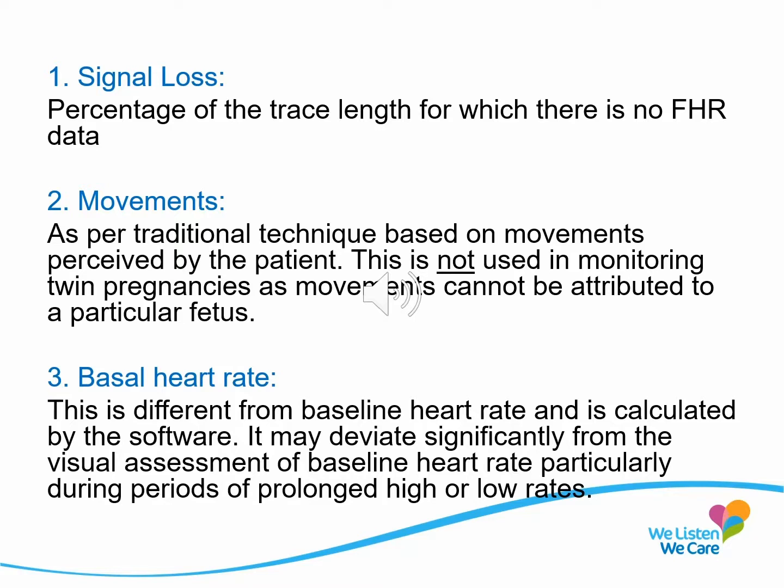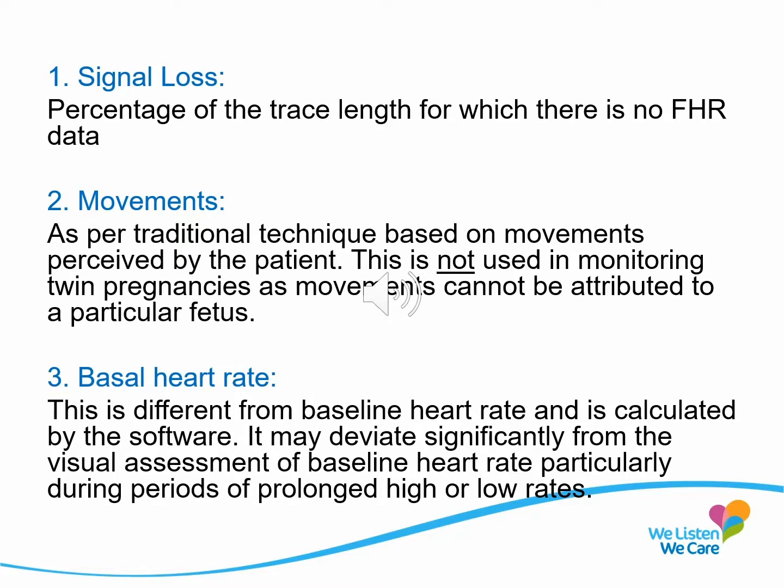It is similar to the traditional technique where movements are perceived by the patient and the woman will press the event recorder. It is not used in monitoring twin pregnancies because it cannot differentiate movements between each twin, and it will record the movements common to either of the twins.